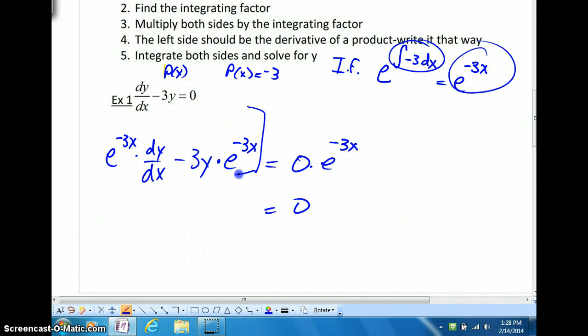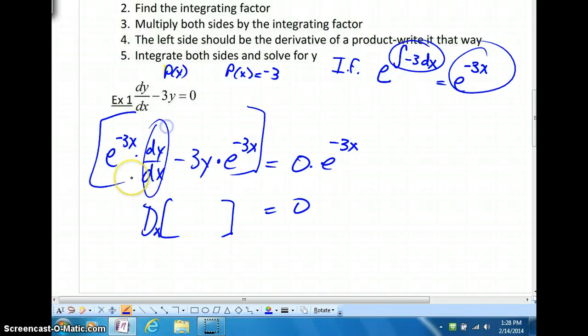But look at the left side. Envision the product rule. In other words, I'm saying, this is the product rule. What was the original product that I took the derivative of? In other words, work it backwards. What do you think?